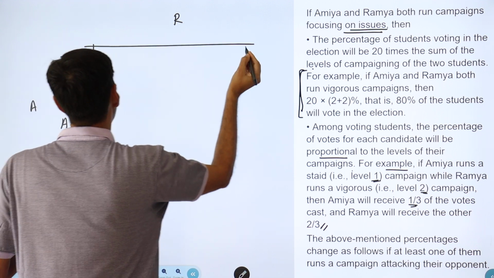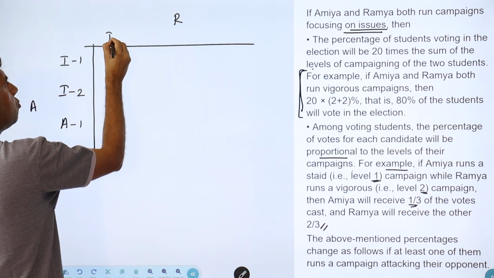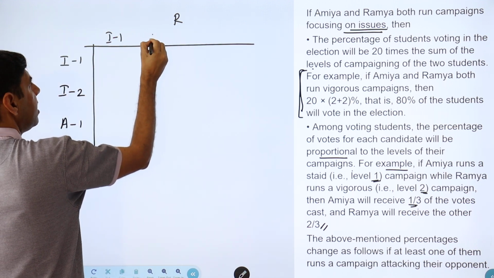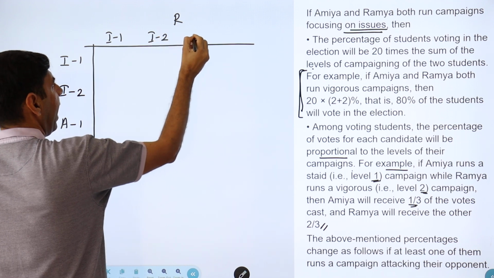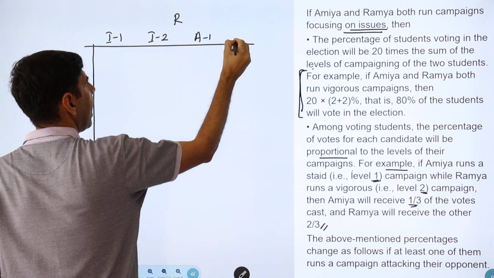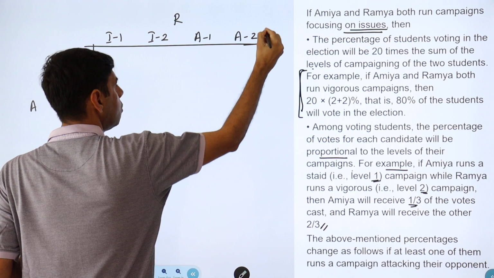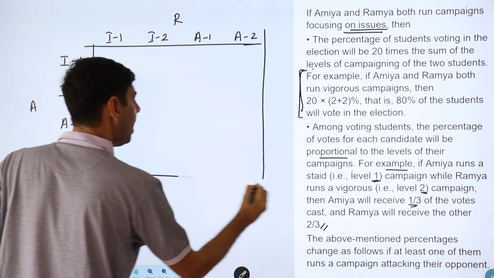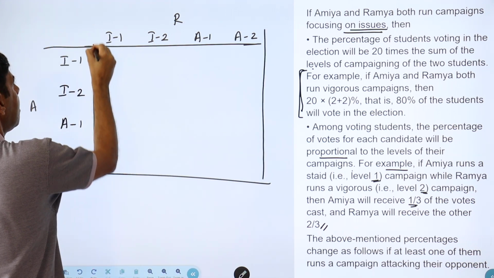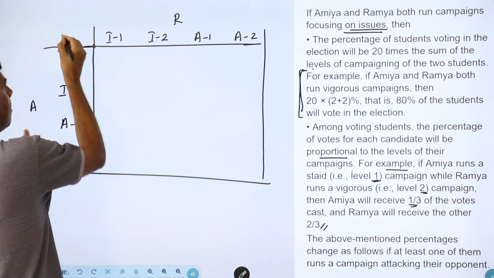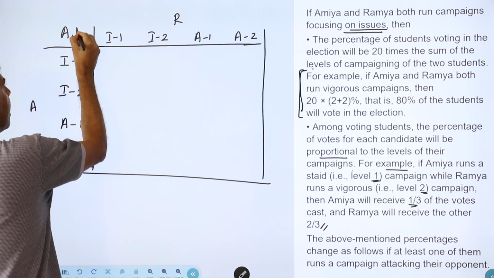And Ramya also could have the same: issue level 1, issue level 2, attack level 1, attack level 2. So this grid is one way you could represent it, and remember all values here you will read from the row, so it will be Amiya and Ramya.